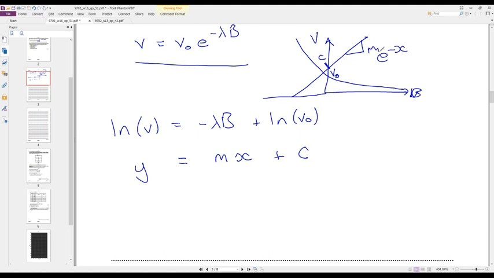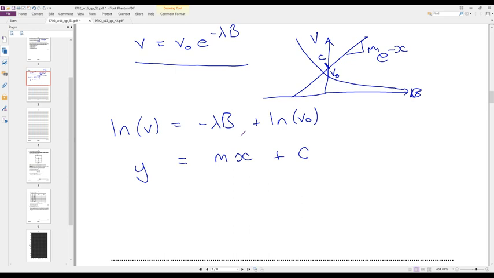This is really useful because what it means is if we are able to plot a straight line graph, we can get information from the gradient and the y-intercept. So always your aim in an experiment is to try and turn it into a form where you can plot a straight line graph. That's essentially how almost all scientific experiments end up working.